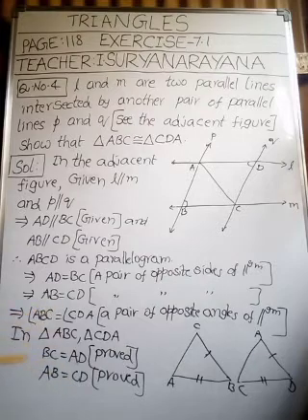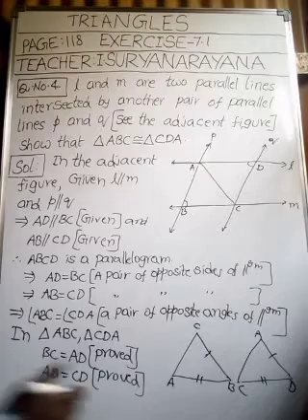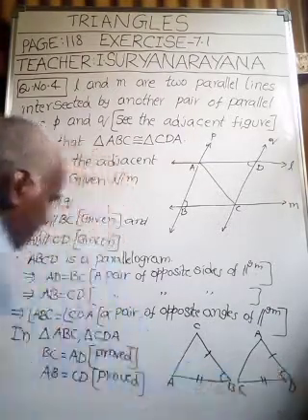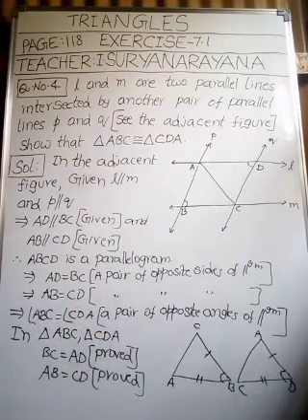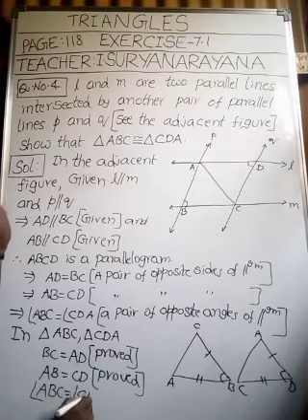Okay, my children. And angle ABC is equal to angle CDA. This is also proved because they are a pair of opposite angles of a parallelogram.